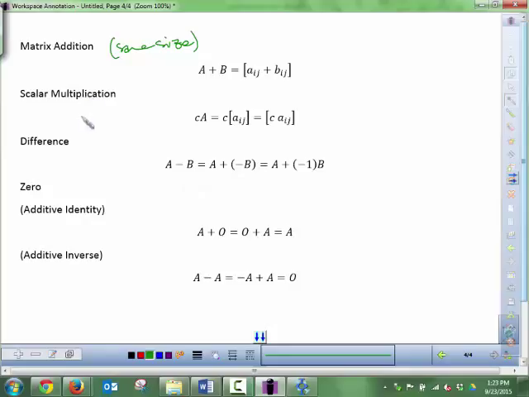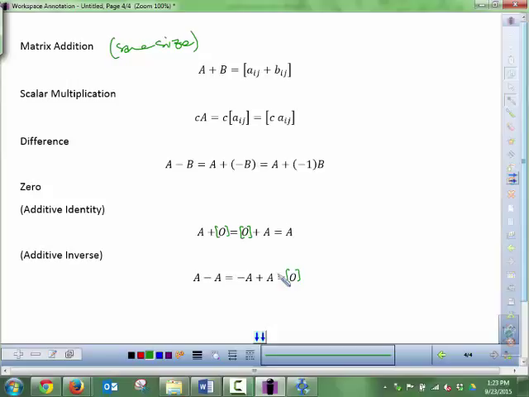And the difference is like addition with scalar multiplication when you scalar multiply by -1. And the additive zero identity property says that the zero matrix plus anything is going to be itself. And the additive inverse property says that if you add the negative inverse, then you should get the zero matrix.